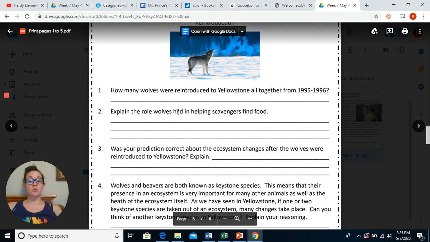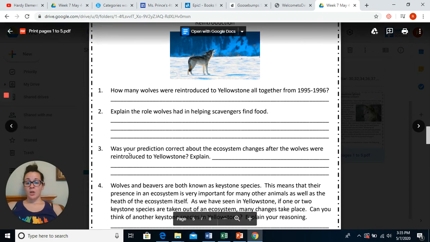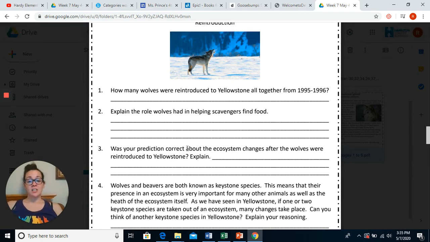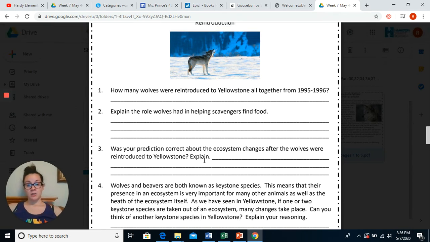Explain the role wolves had in helping scavengers find food. Remember, scavengers eat the dead carcasses that have been left. Was your prediction correct about the ecosystem changes after the wolves were reintroduced to Yellowstone? Explain. Did you make a correct prediction? How does it line up with what we just read?